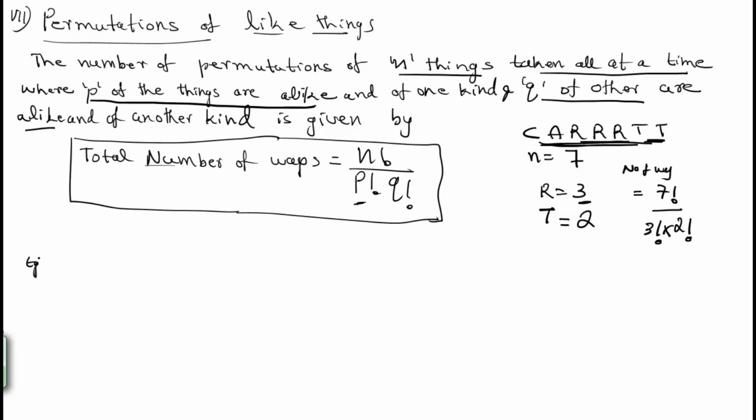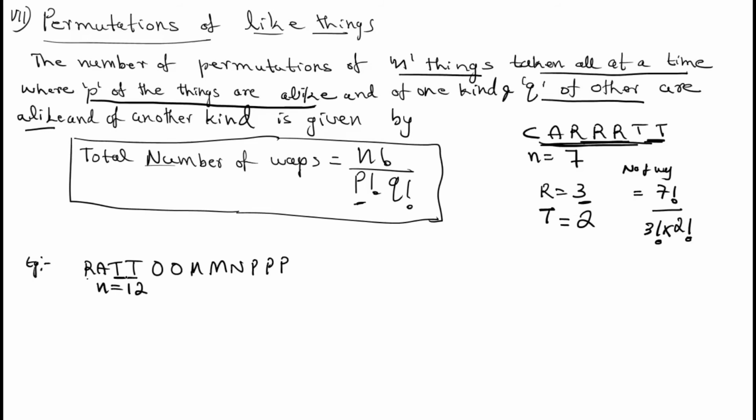Or take the second example, see, I am taking RATTOMMNPPP. The question is, find the permutations of the given word. Check how many letters are there. 1, 2, 3, 4, 5, 6, 7, 8, 9, 10, 11, 12. N is equal to 12.